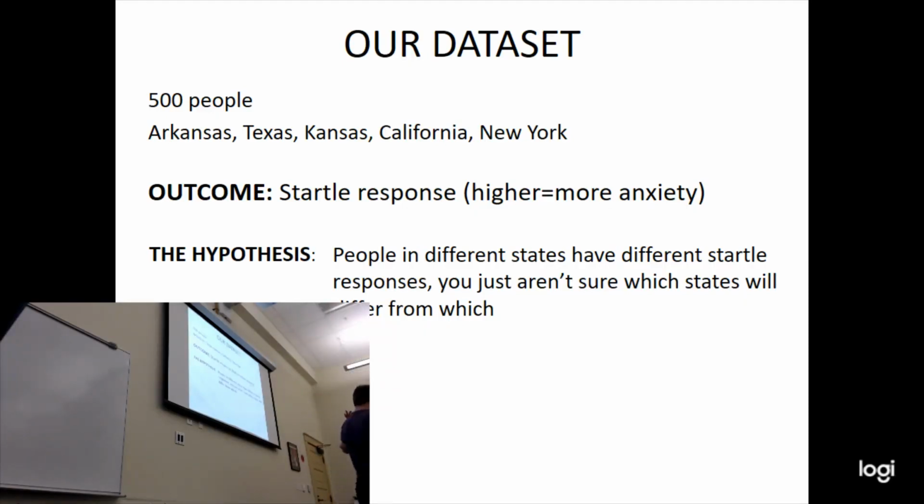I happen to have in a pre-screen survey the states that people come from. I might believe that people from different states have different levels of anxiety, but I don't have enough information to make any specific predictions about it. I just might believe this.